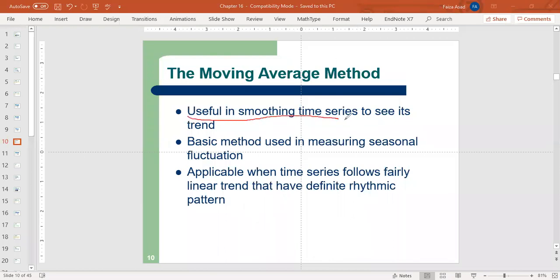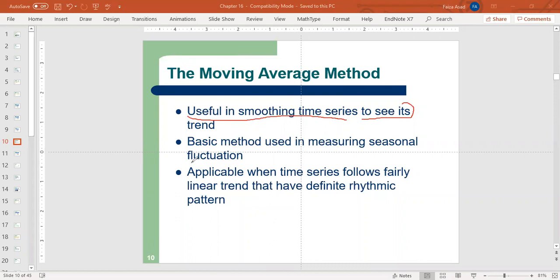It is useful in smoothing a time series to see its trend. So it basically smooths the data, and we can see the trend. It's a helpful method for drawing a conclusion from the given data points. It is the basic method used in measuring seasonal fluctuation.